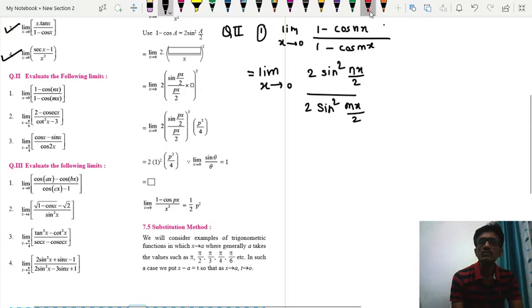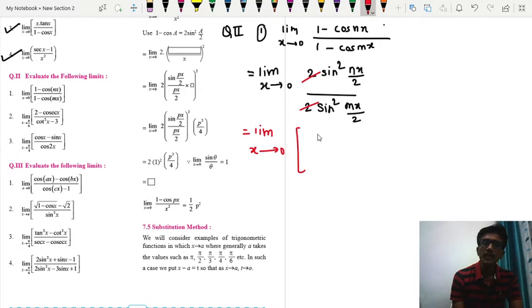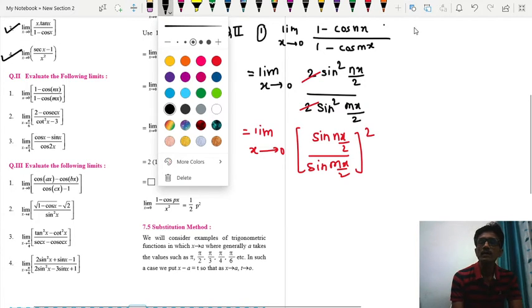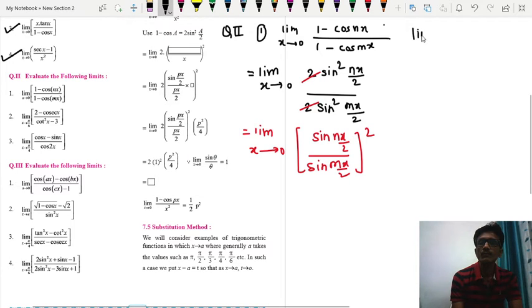So clearly this 2 is getting cancelled over here, and it is limit x tends to 0, (sine of nx by 2 upon sine of mx by 2) whole square.